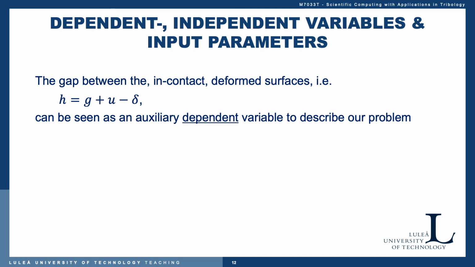The reason for me highlighting that the pressure and the interference are main dependent variables is that although the deformation depends on the pressure, it's only seen as an auxiliary dependent variable. However, this is also the case for the gap h between the deformed surfaces, as it's implicitly dependent on the pressure via the deformation u and explicitly dependent on the interference delta.